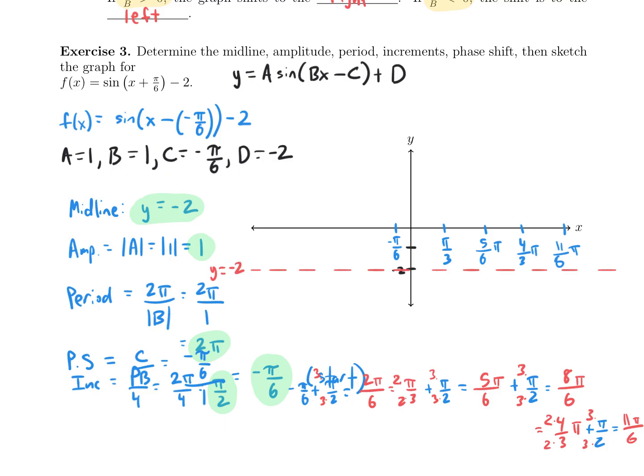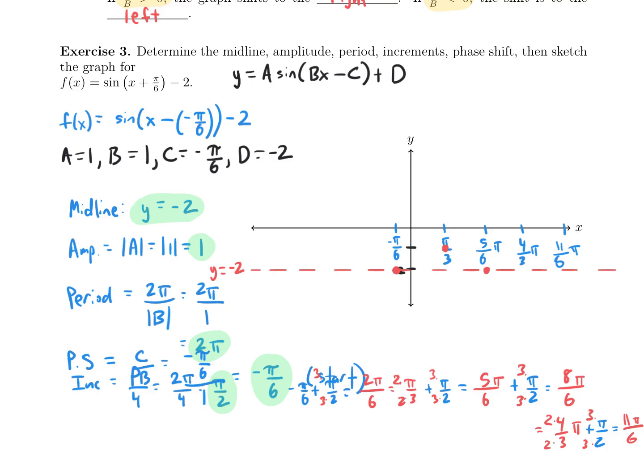All right, so the way we would finally draw our final graph would be we start at the phase shift on the midline. Since it's sine, you have to start at 0, which is basically the midline. And then the amplitude is 1, so that means we're going to go up 1 unit for the next increment. And then you're going to go back to 0, which is the midline, for the next increment.